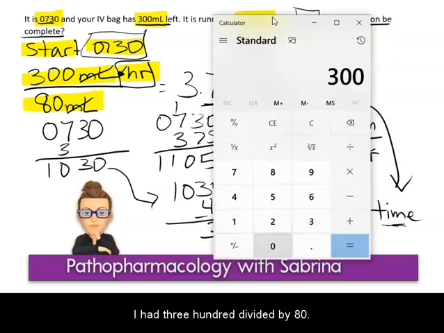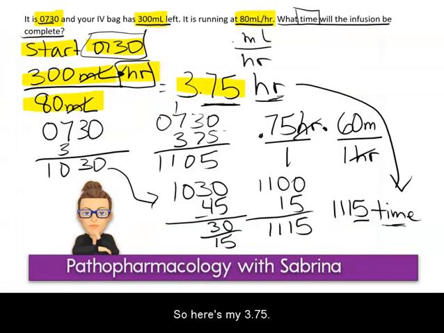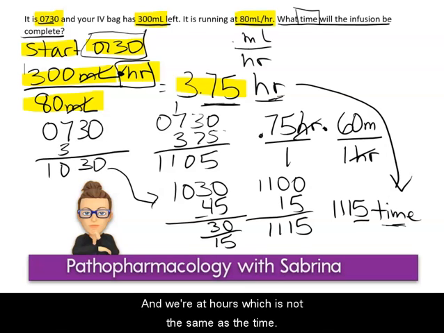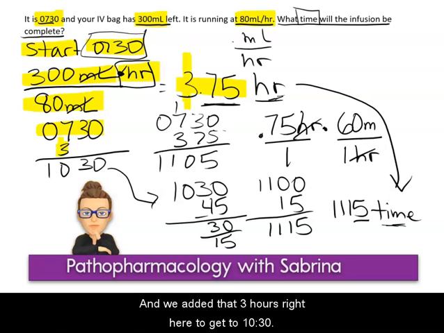When I did the math, I had 300 divided by 80 equals 3.75. So here's my 3.75. And we're at hours, which is not the same as the time. So we need to convert this to figure out what time it will be 3.75 hours later. So our start time is 7:30, and we added that 3 hours right here to get to 10:30.